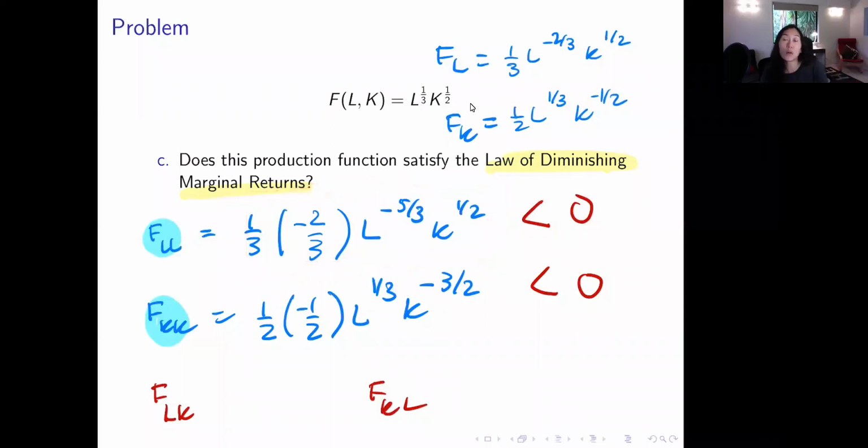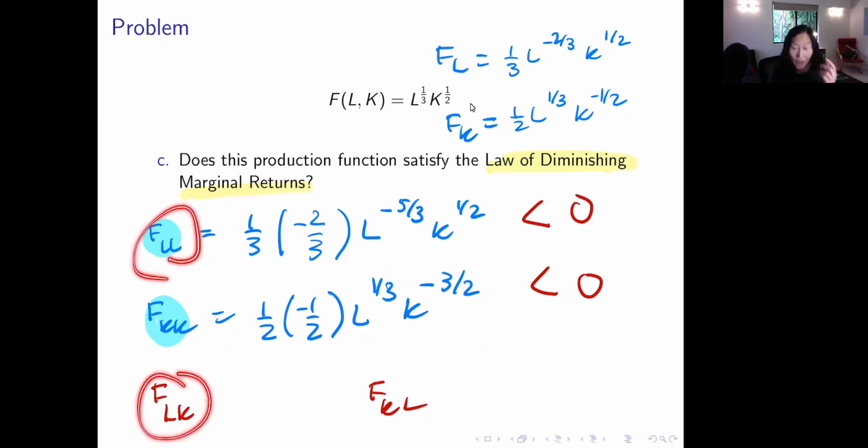So that is like own effect. When the same input L increases, fixing K constant, how does it affect the marginal product of labor? That is FLL. Whereas FLK is the cross price effect.